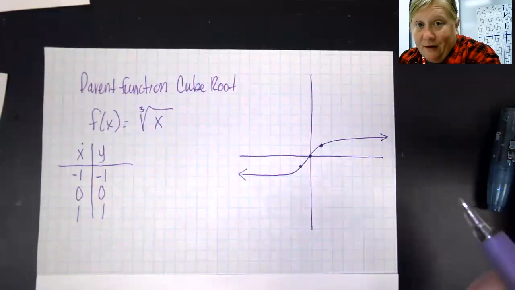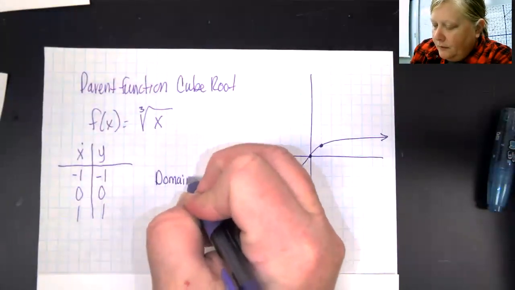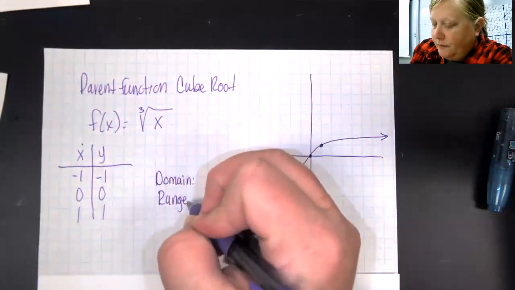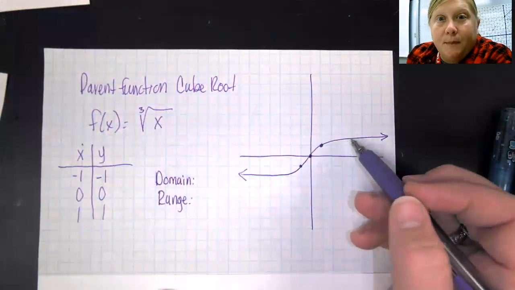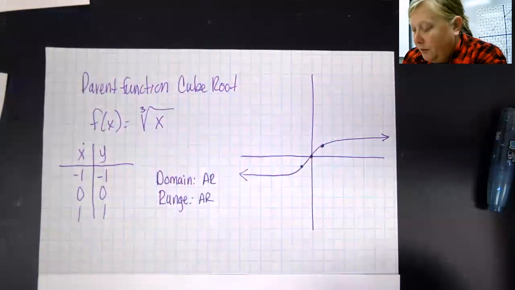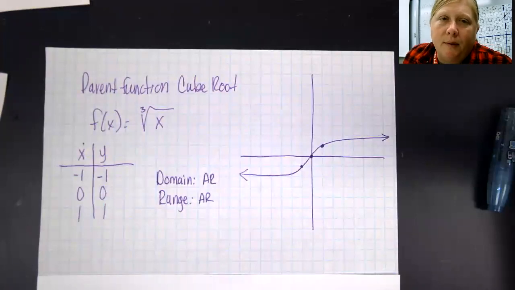Okay. Are you ready for my favorite part? Domain and range. There's no stipulations. So all real. One of my students from last year, AJ, would go, all real.